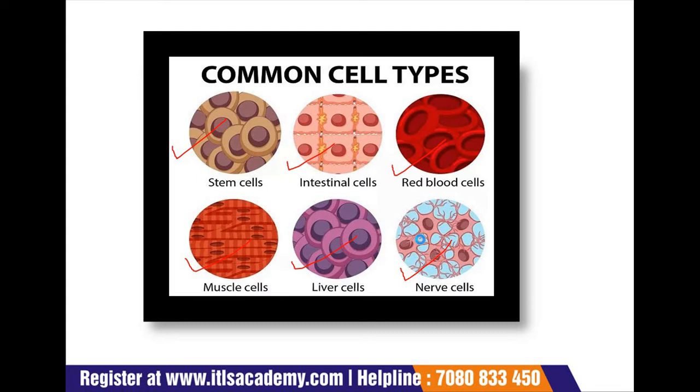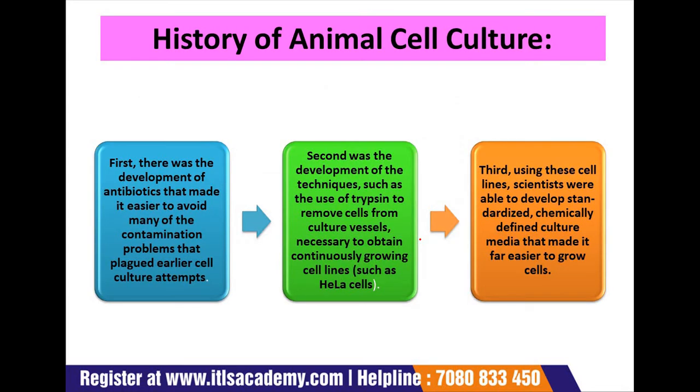Now we are going to discuss the history of animal cell culture. Animal cell culture was first successfully undertaken in 1907. However, it was not until the late 1940s to early 1950s that several developments occurred that made cells widely available as tools for scientists.